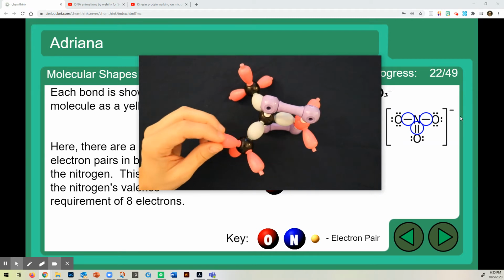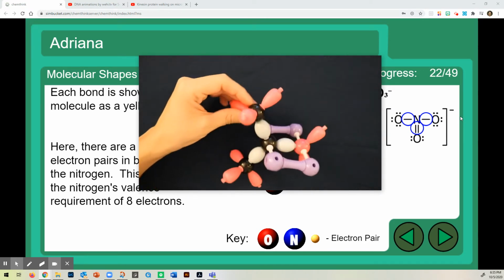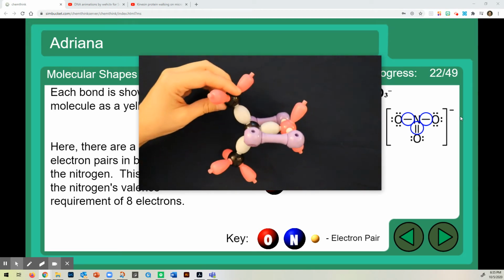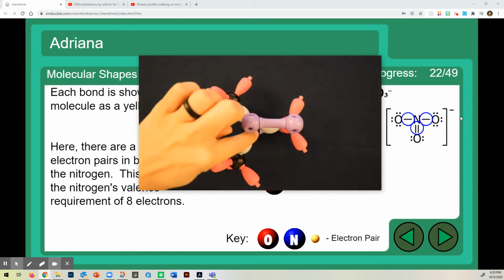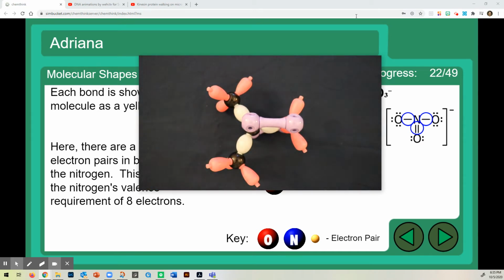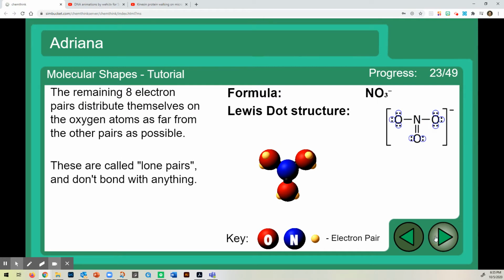Even if they aren't big and heavy like the atoms, they do take up space. And they all want to get as far away from each other as possible. But the actual atoms form this sort of triangular shape here that is just more simplified when we look at it this way. It's a little bit easier to see the actual shape. I just wanted you to see what it might look like. And here it's showing now all the lone pairs as well.